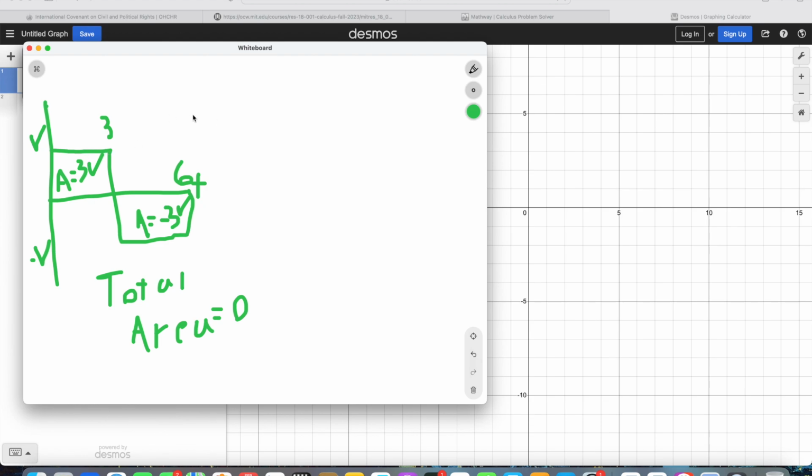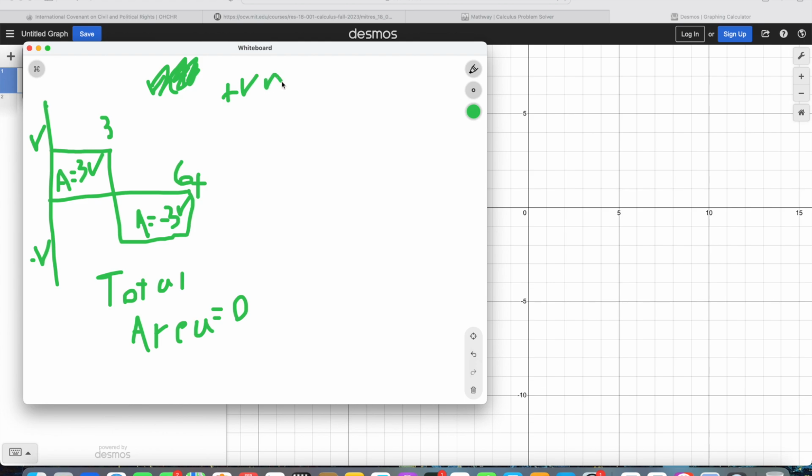So if we're looking at the conditions of this function, it would be something like v of t. This is just the function. Let's talk about when the function is positive and when it is negative.